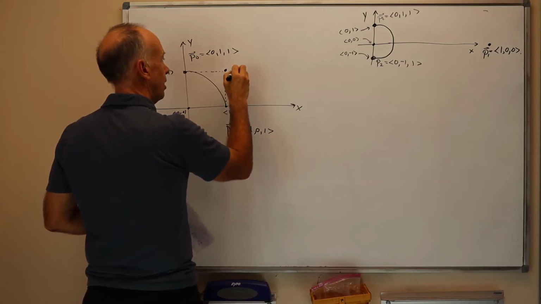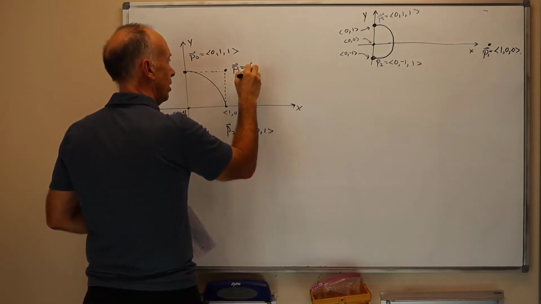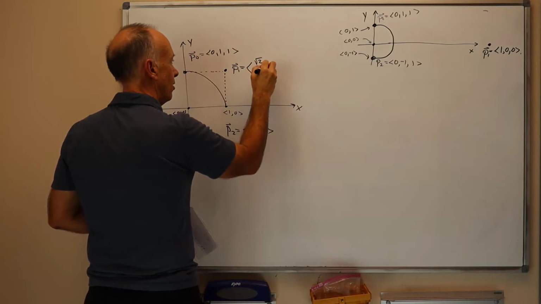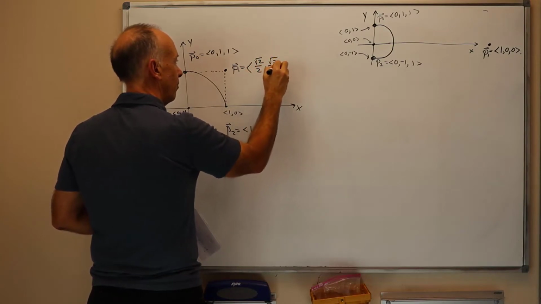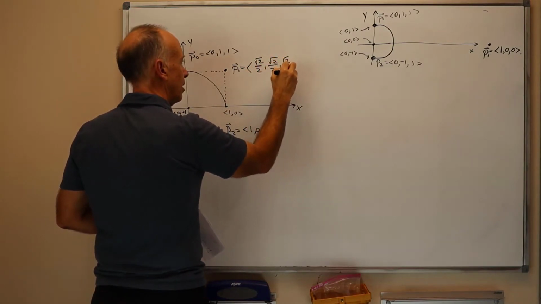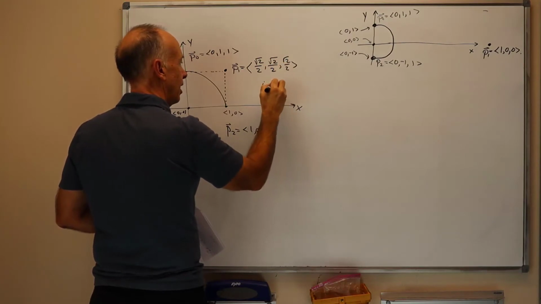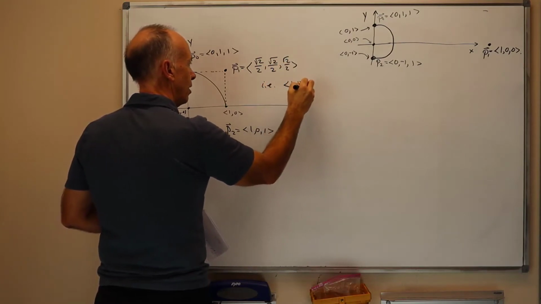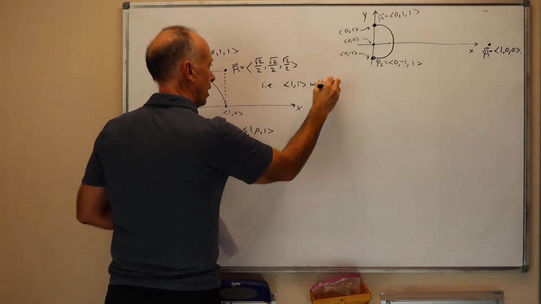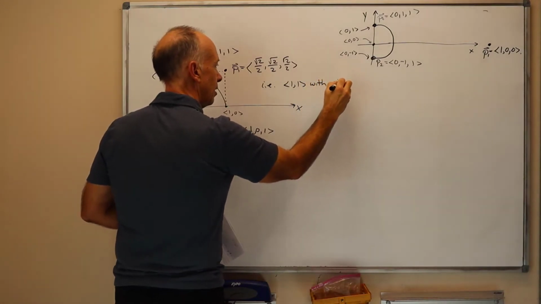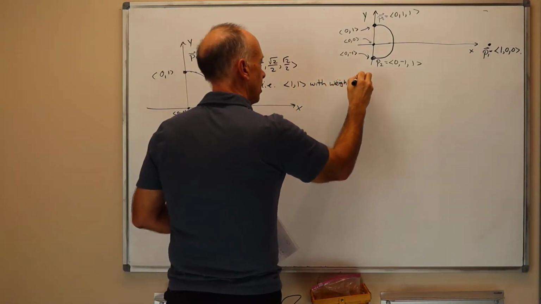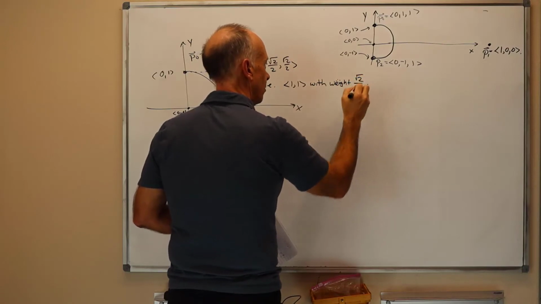It turns out that P1 should be (√2/2, √2/2, √2/2), i.e. it's (1, 1) with weight √2/2.